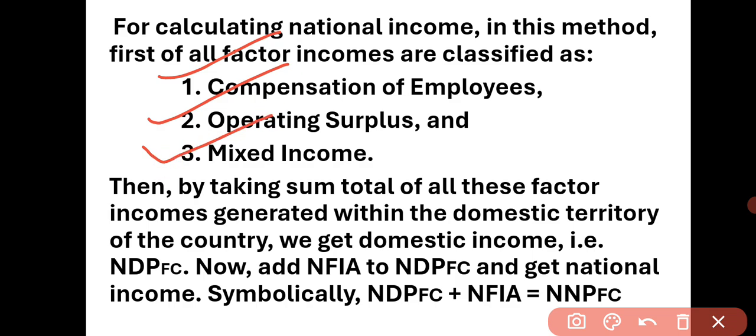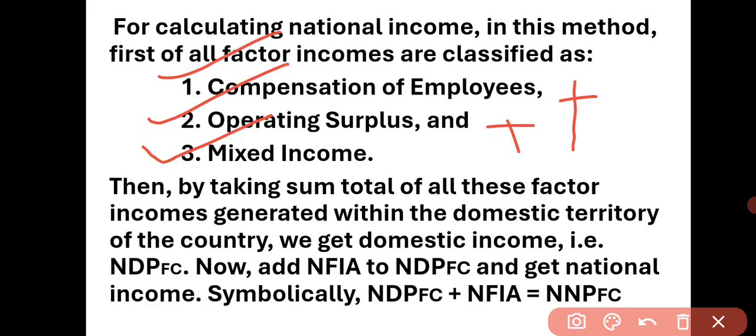By taking the sum total of all these factor incomes generated within the domestic territory of the country, we get domestic income, NDPFC. Just we add all these things, this plus this plus this.